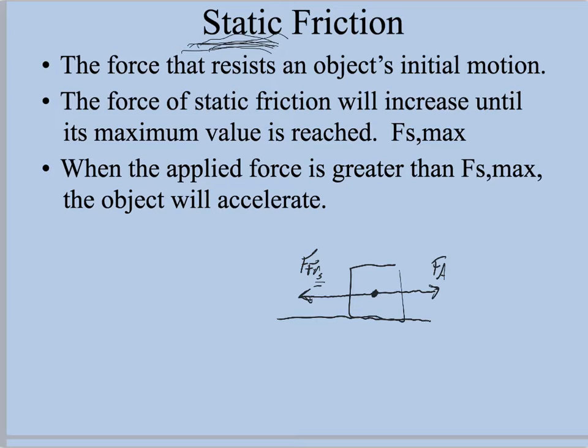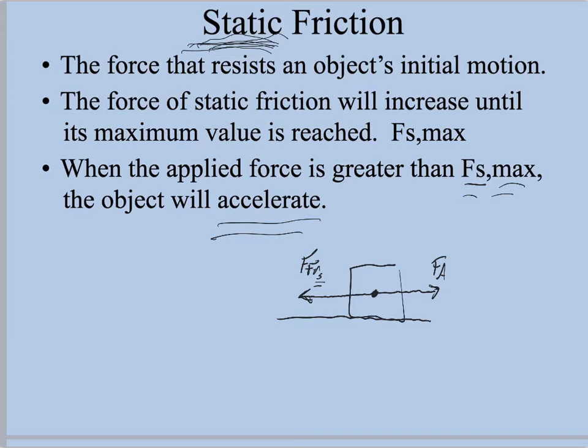Now there's a point that you're going to reach where the object will start to move. And as you approach that point, we call this static friction max, where it's going to max out, and just after it gets to static friction max, the object will start moving and start to accelerate.